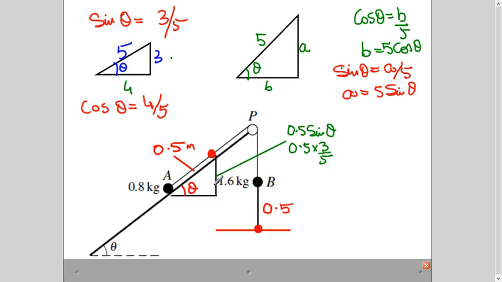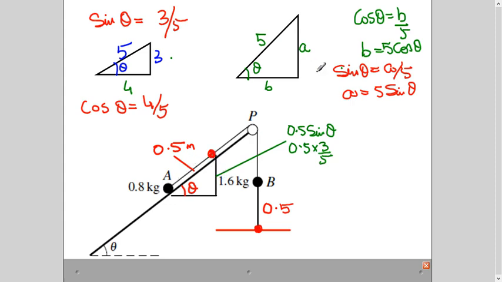I can easily calculate this height because the reference point will be my initial point. I will not worry about the height from here. Your reference point is always your zero or initial point. So I'm considering that from this height, which is 0, it is going up till here, 0.5 meter covered.